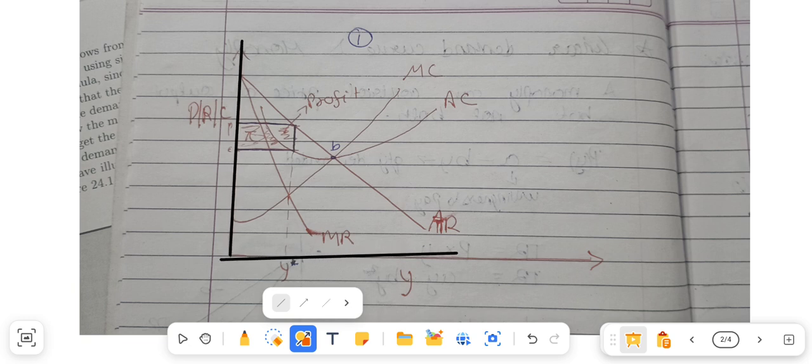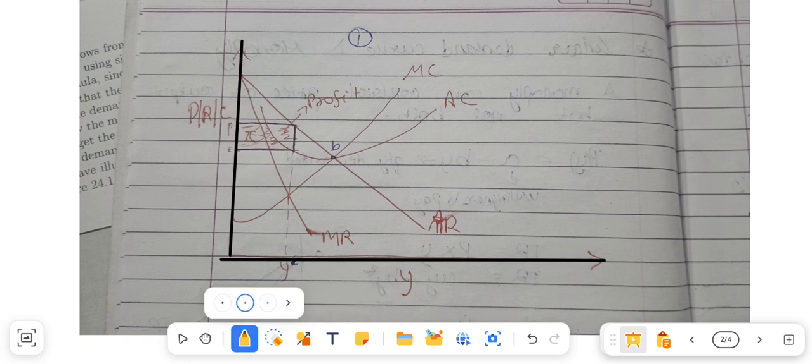On the y-axis we have price, revenue, cost. On the x-axis we have the output. We know that a monopoly operates when marginal revenue is more than or equal to marginal cost.